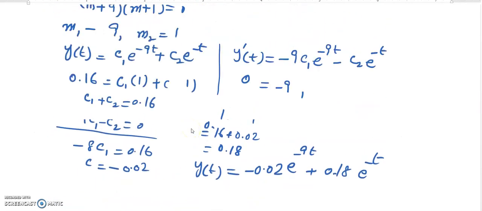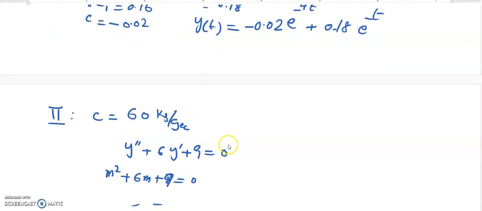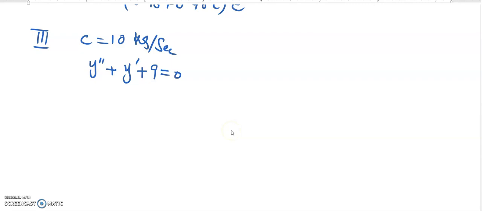Because m was 10, c was 10, so c over m will be 1, so it will be 9. So for this differential equation, we can represent it as a characteristic equation m square plus m plus 9 is equal to 0.